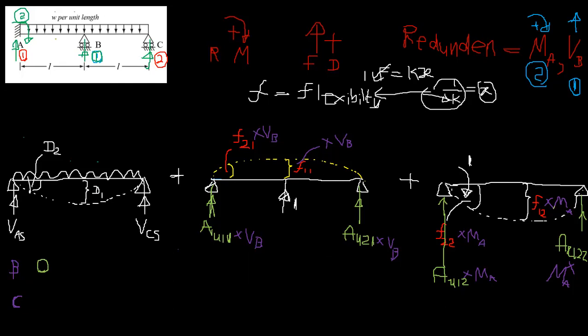And here the rotation, the shape at the second redundant coordinate, because it is a support, does not allow any rotations, right? So that means theta is zero, right? So that is the original structure. Let's now call it the primary structure.